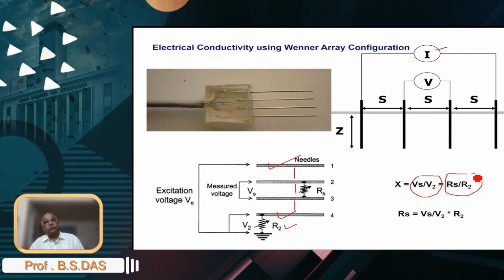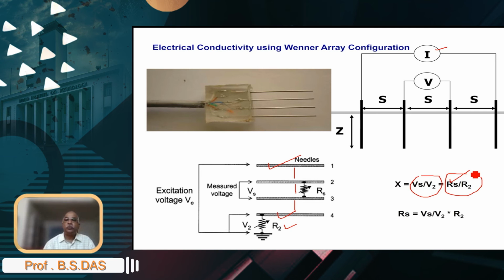So basically, you will measure the voltage V2, you will measure the voltage Vs. You already know the resistance R2, so that's a standard resistor, and you know how much voltage Vs you have applied, and so the only unknown is this Rs, which is the resistance offered by the soil itself.